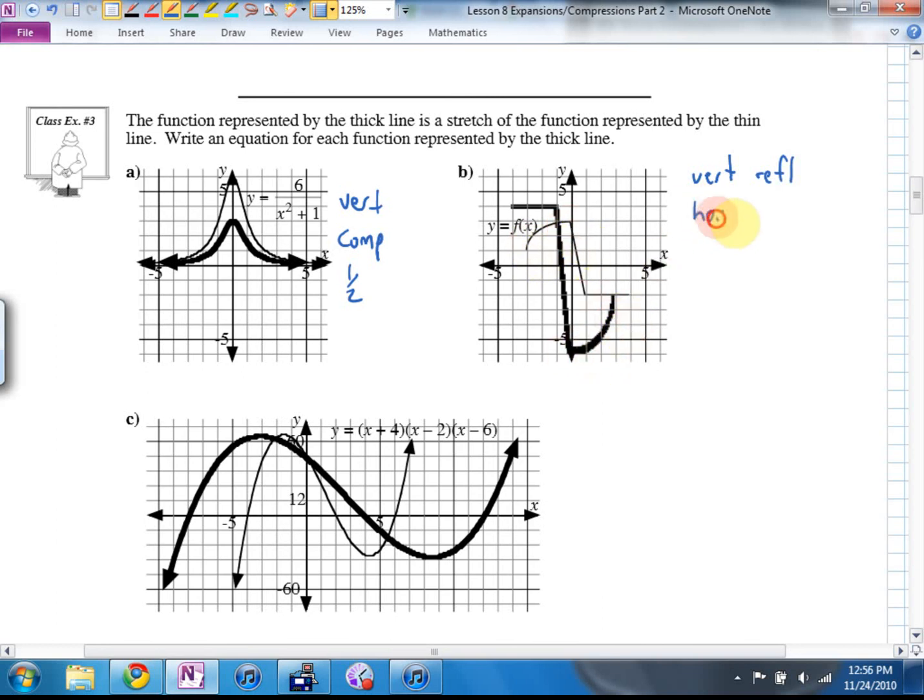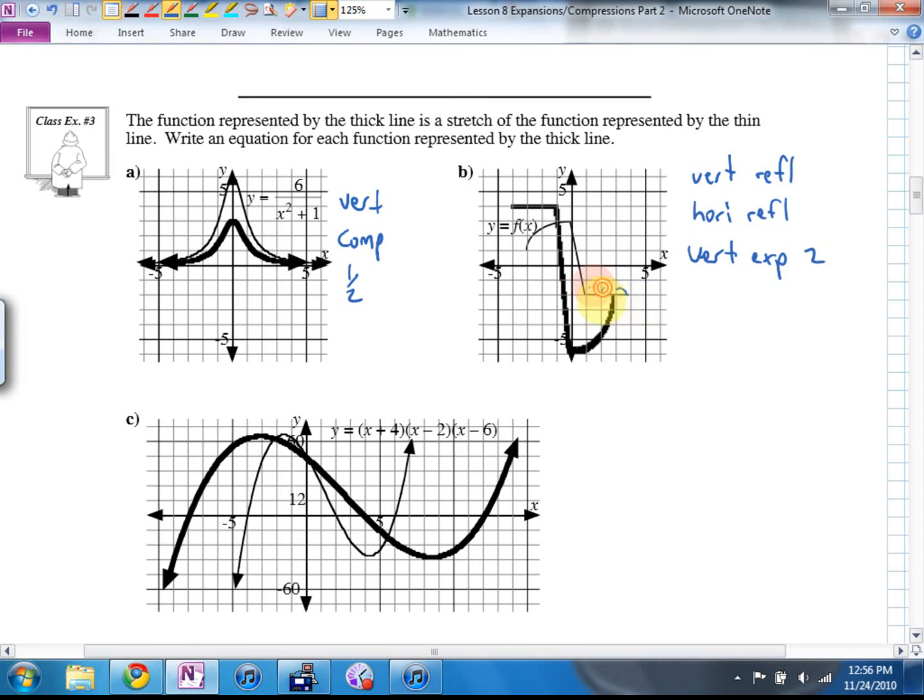The original graph is 1, 2, 3, 4, 5 high. How high is your new graph? Count. 10? So instead of 5 high, it's 10 high. That's a vertical stretch. Vertical expansion by a factor of 2. My original graph, if I look at its width, is 1, 2, 3, 4, 5, 6, 7 wide.